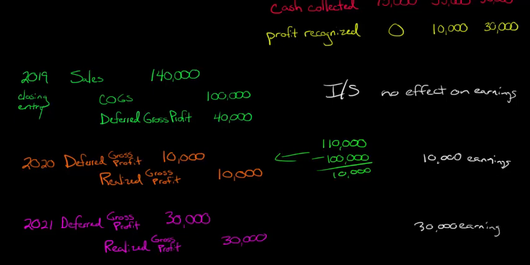Now, let's think back for a second. Let's say we didn't use the cost recovery method at all. Let's say we had used just regular, plain, simple accrual accounting, like a regular sale. Then we would have recognized all $40,000 of profit in 2019, because in 2019 that's when we made the sale. However, with the cost recovery method, we're saying there's a lot of uncertainty with this sale. We can't really estimate, so we're not going to recognize any earnings here because we haven't collected enough cash to exceed our cost of goods sold.